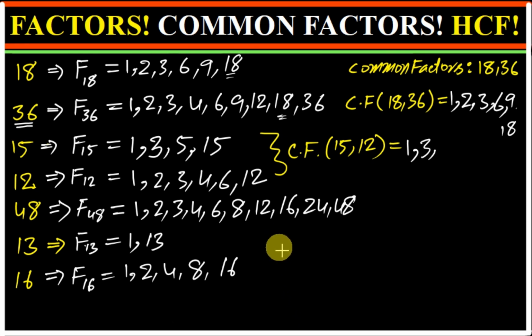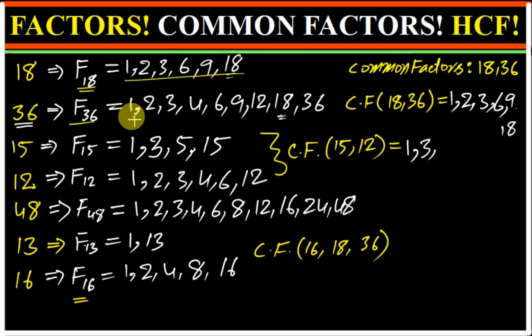If I want to find the common factors of 16, 18 and 36, we have taken 3 numbers here. We have to choose the common ones. If you want to find the common factors, first you have to list all the factors of all the given numbers.